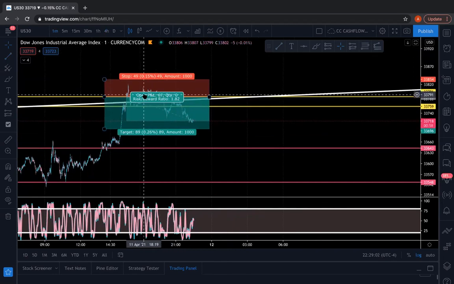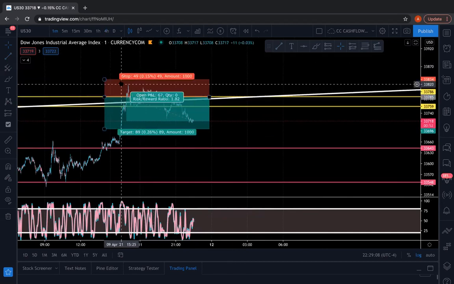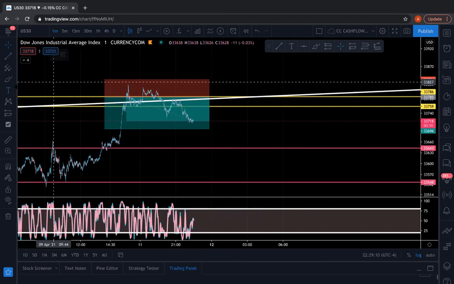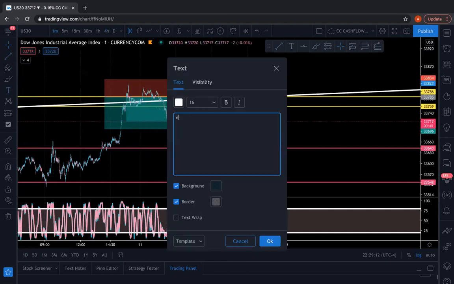I'm going to say 6 o'clock was around here, 6 something. I'm going to say 7 o'clock is probably when I entered. So let me type: entered sell, price wasn't breaking previous highs.